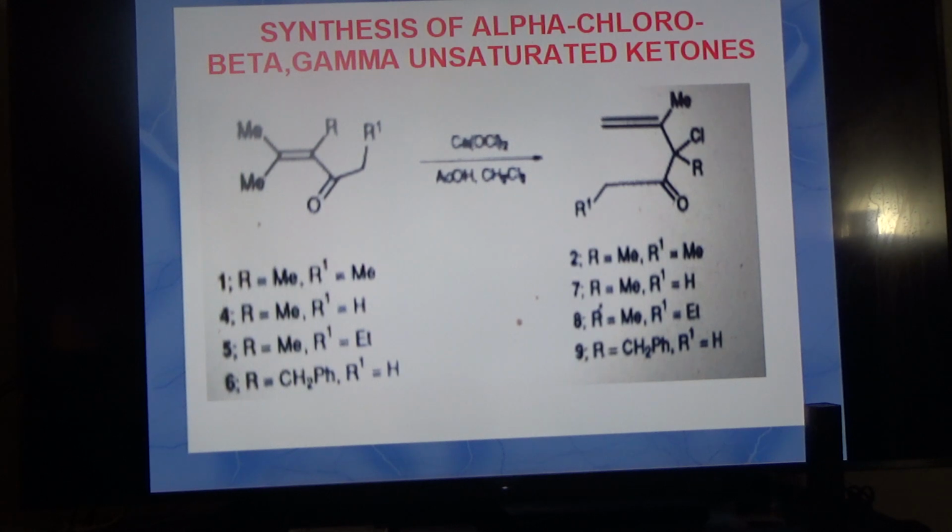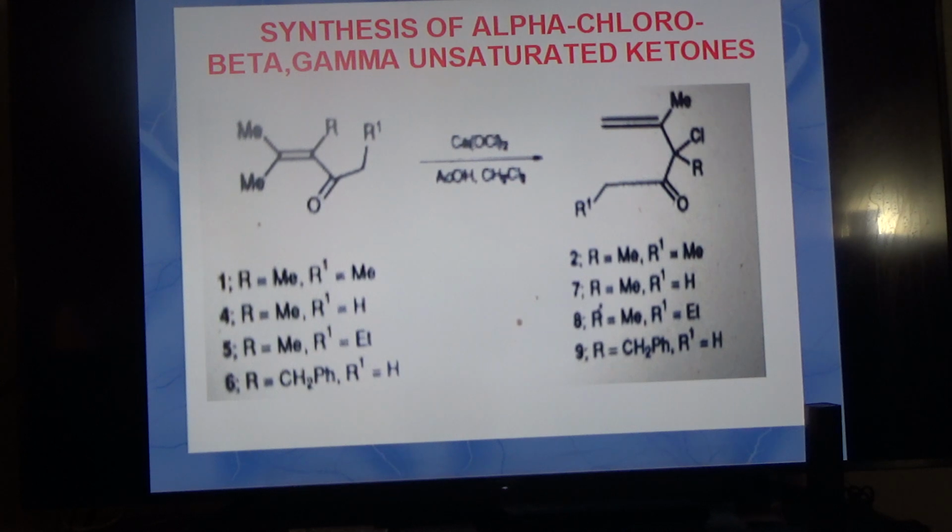Methyl is constant. The Me on the beta carbon of the unsaturated ketone is constant. So if you have R1 as methyl, the product will also have methyl. If R1 on the left side is H, the product R1 is also H. When R is methyl and R1 is ethyl, you get R1 as ethyl.